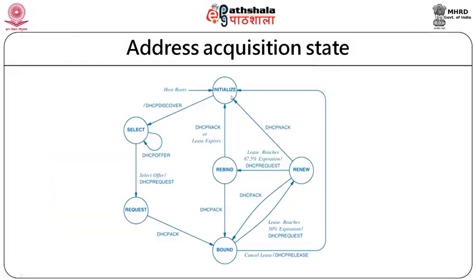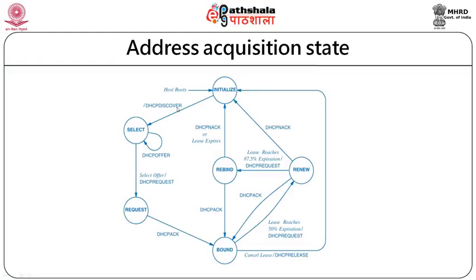So, we will start with the initialize. Basically this is the initial time, it is 0. Whenever any host or client is there, initialization is there. So, what I will do as a client is send a DHCP discover.